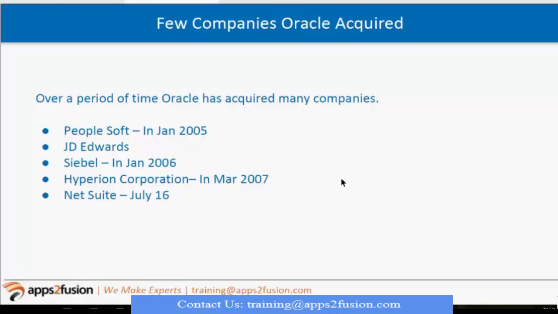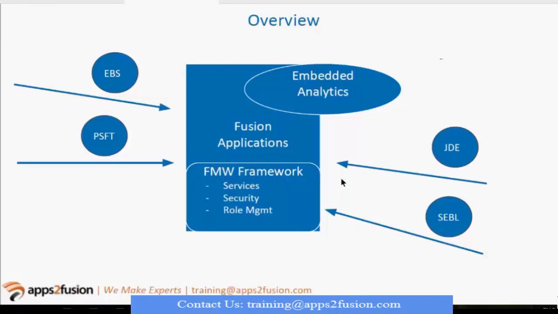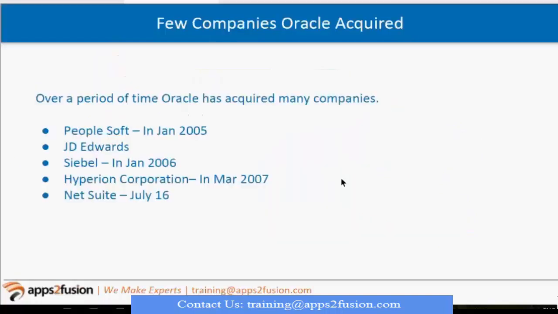Oracle is on this acquisition spree. I don't even know the count, but maybe 100-plus companies they have acquired, and they started working on the Fusion application, bringing the best features from all the acquired products.